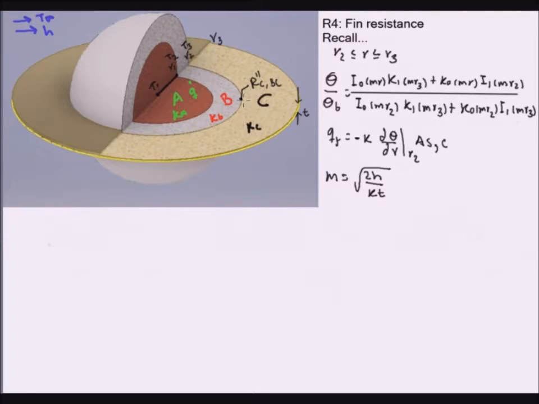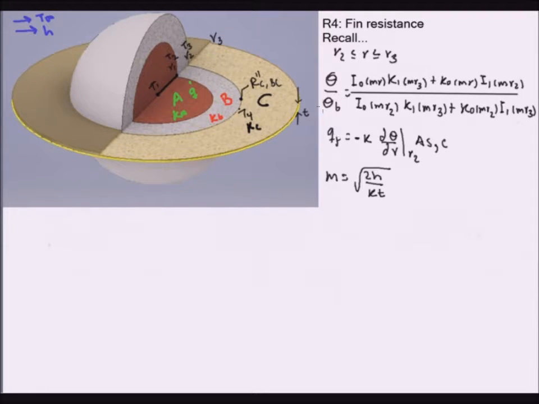Actually, because of this contact resistance, the base temperature, we could label it as T4 here, and we don't know what T4 is. But something great that we will discover is that resistances are independent of the driving force. We don't need to know what T4 is to develop an expression for the resistance of this fin. So this is what I'm going to show you.